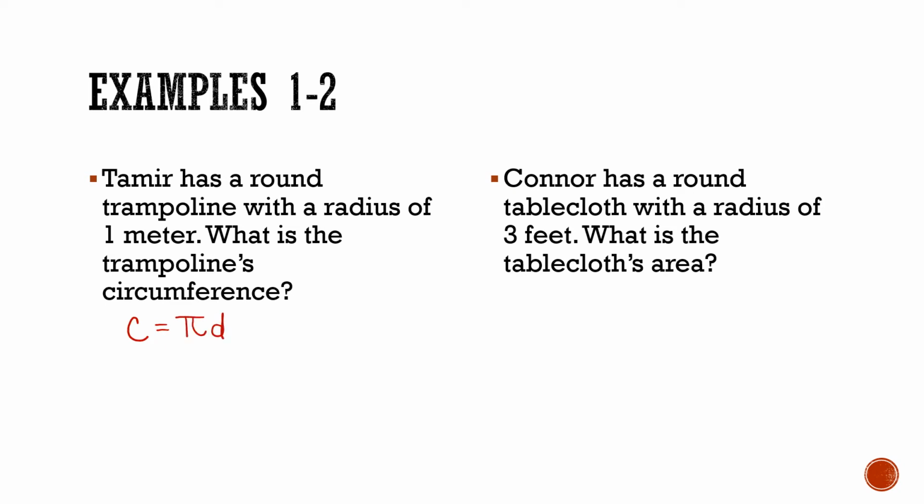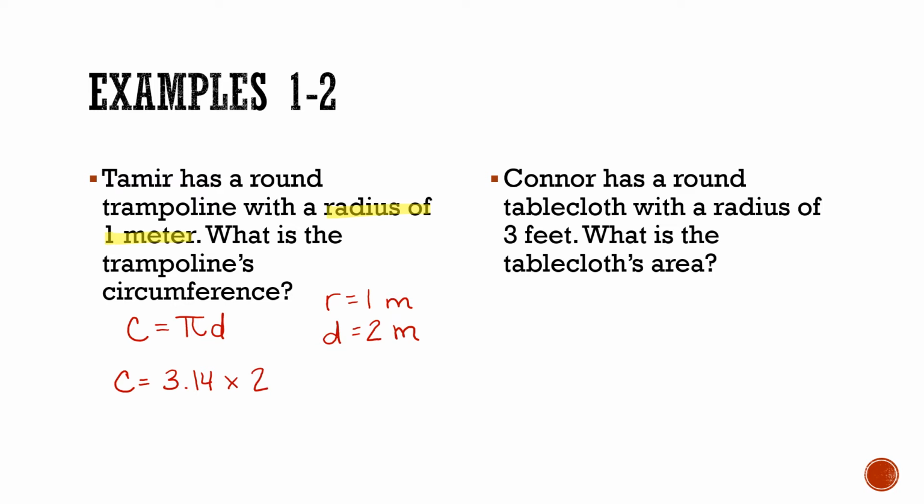Now, we need the diameter for this formula, C equals pi d, but we're told the radius is 1 meter. So we need to recognize if the radius is 1 meter, then the diameter is twice that, which is 2 meters. So C equals, pi is 3.14, and our diameter is 2.